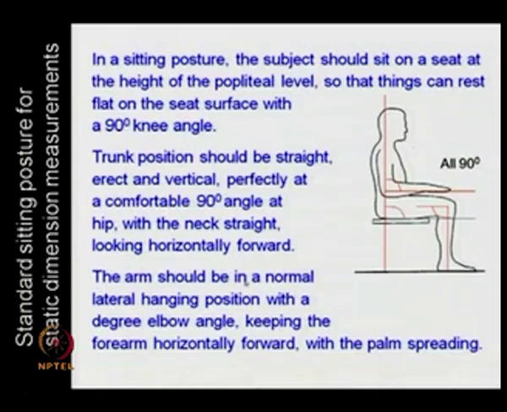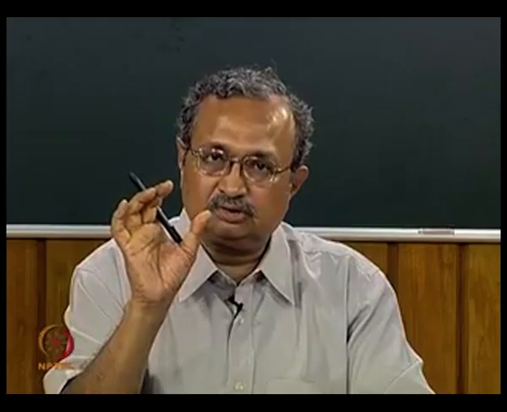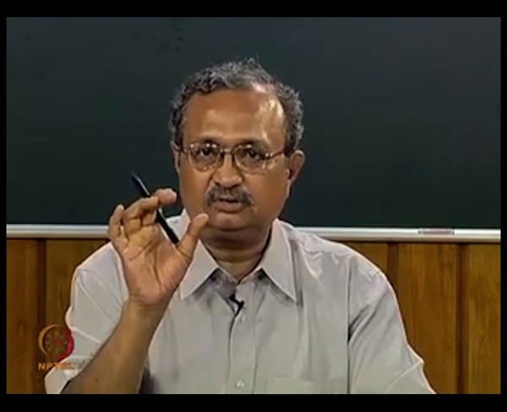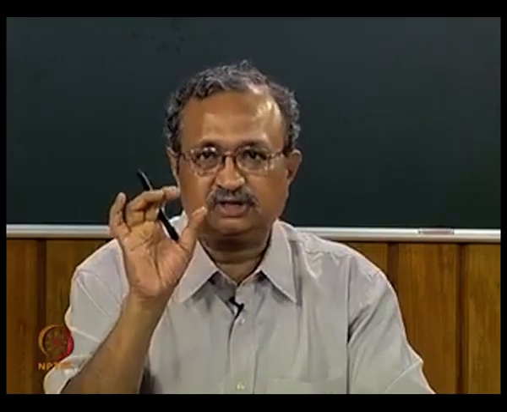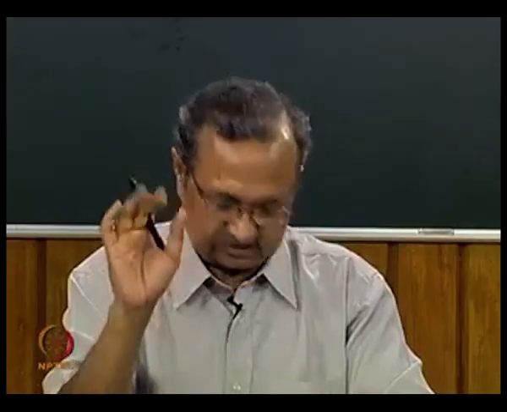The arm should be in a normal lateral hanging position with a 90-degree elbow angle, keeping the forearm horizontally forward with the palm spreading. So, this is the standard posture for static sitting measurements in a seat desk posture.